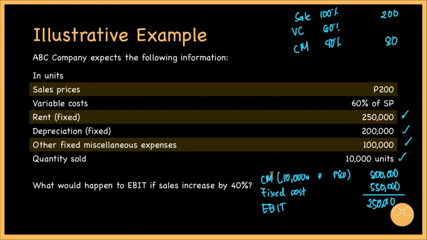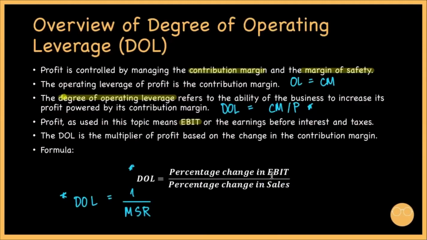Then we can compute our degree of operating leverage. Since our contribution margin is 800,000, let's first write the formula: contribution margin divided by the EBIT. Once again, if you're wondering why we use the EBIT instead of the profit, it is because under the topic of degree of operating leverage, profit is always equal to EBIT.